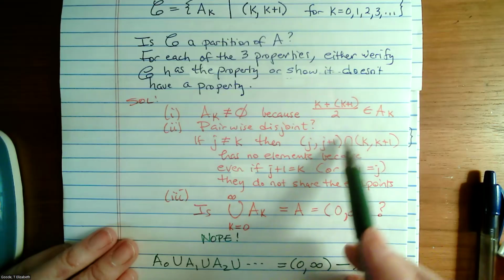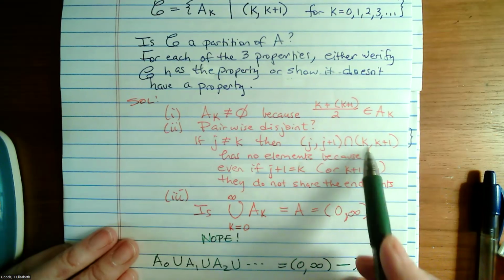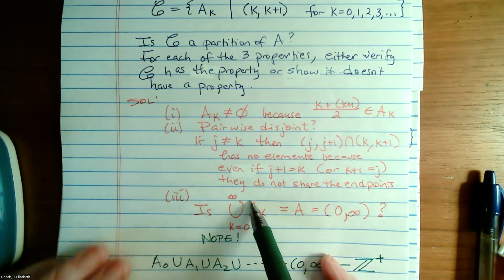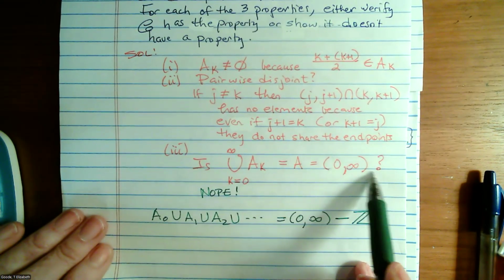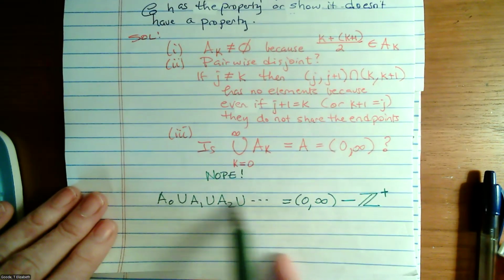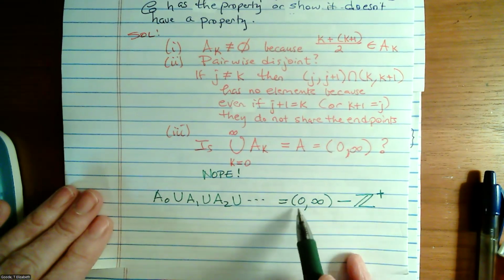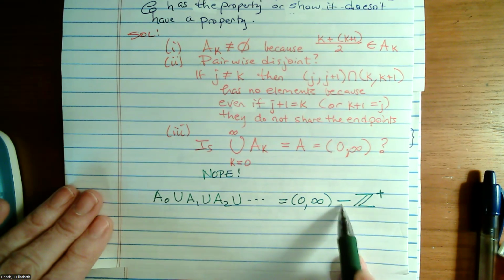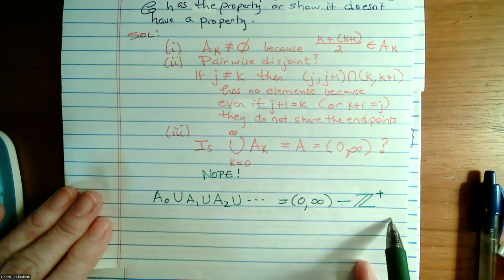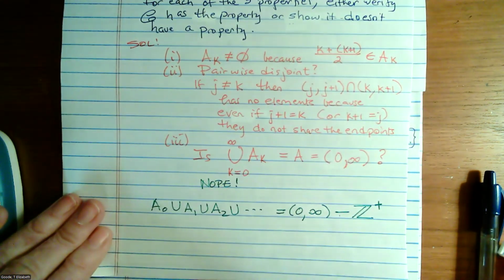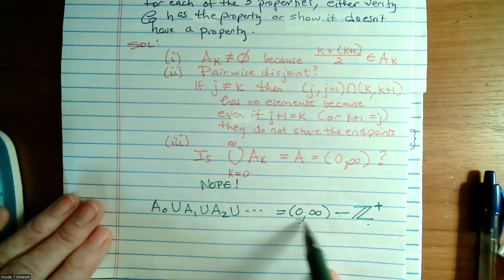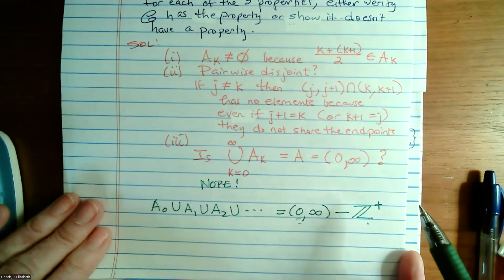Even if j plus 1 is k, they still don't share any endpoints. And is the union of all of these equal to A? Nope. When we union them up, we get the positive reals minus the positive integers. None of the positive integers are included. They're the ones that are missing, where the endpoints don't intersect. So this would be the way to write that union, and it's not all of the positive reals.